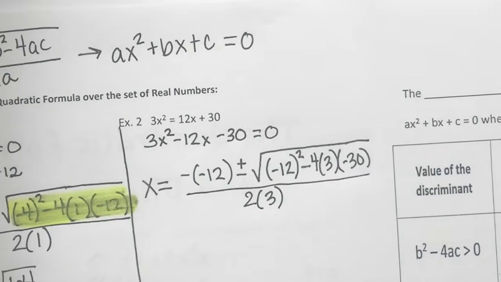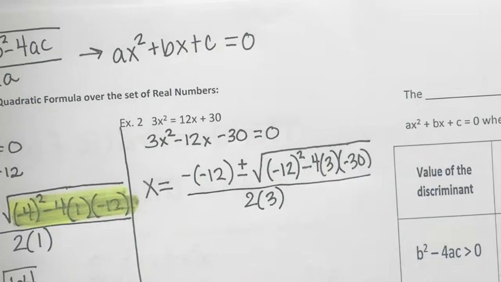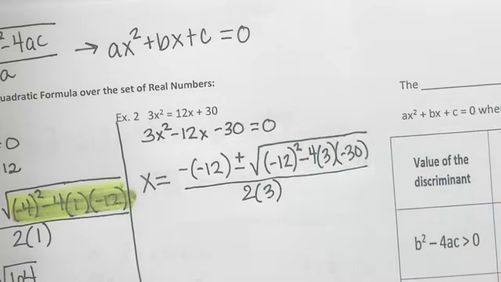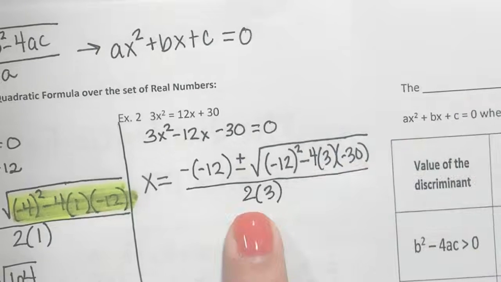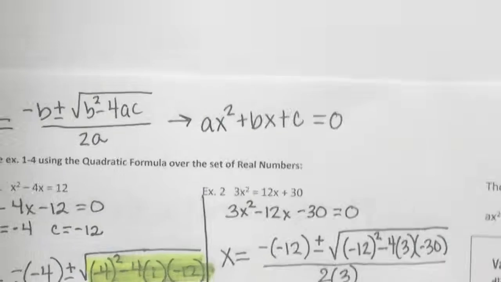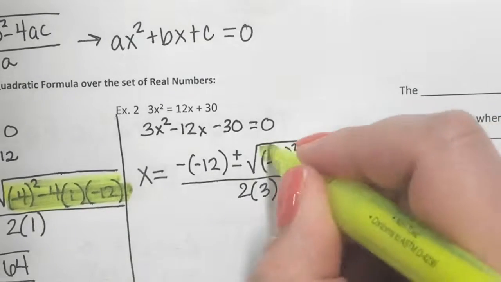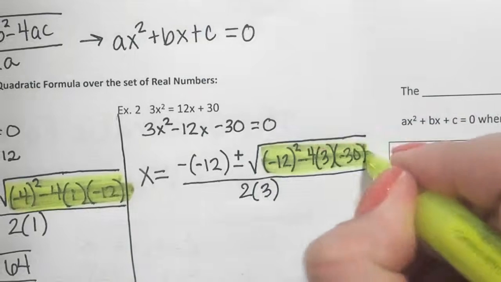Okay. What we put in the calculator, make sure that that's dry. 2a. All over 2a. Okay? And then the discriminant, this is what I'm going to put in the calculator.